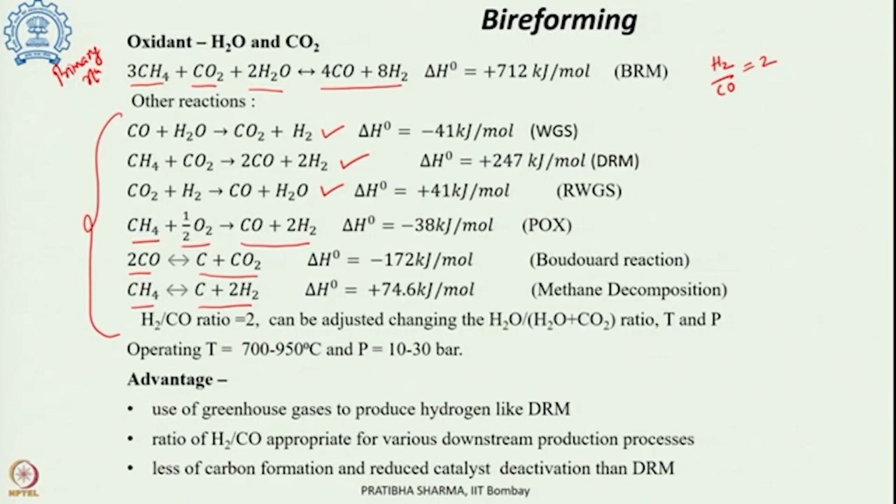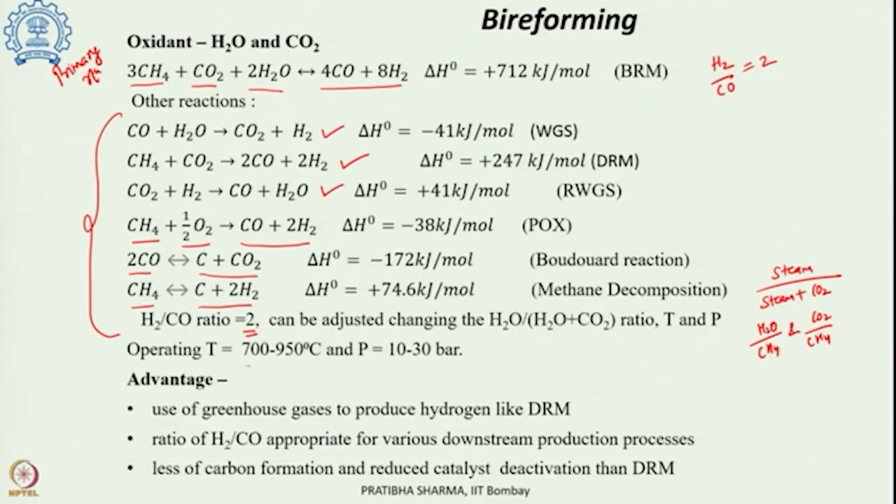The H2/CO ratio is 2, and this can be further adjusted by selecting the steam and carbon dioxide ratio, or we can say the steam and methane or carbon dioxide and methane ratio can be selected such that we can get the required H2/CO ratio.